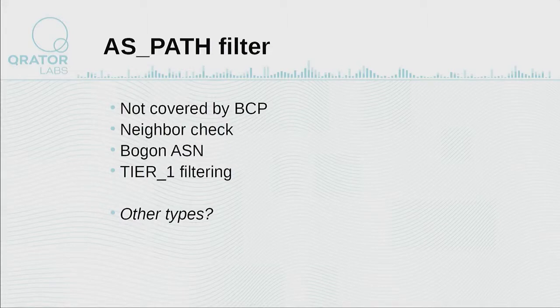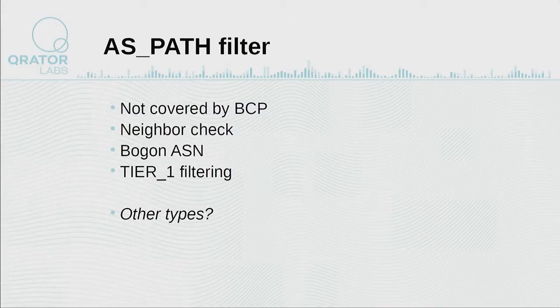There is another kind of filter that can be applied on the AS path, and the most important one of them is not even the Tier 1 filter, but the neighbor check. First of all, what is the neighbor check? If you're receiving a route from your neighbor, and the last ASN in the AS path of this route is not your neighbor's ASN, you should drop this route.